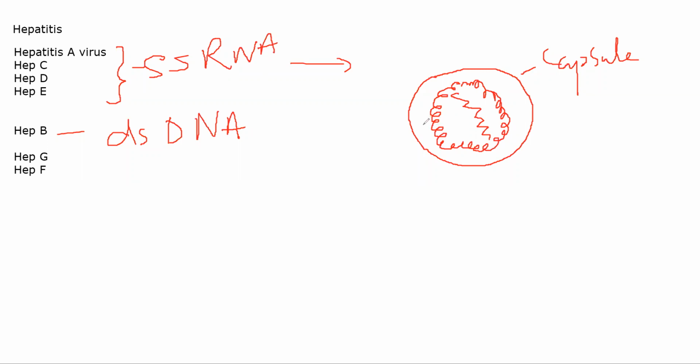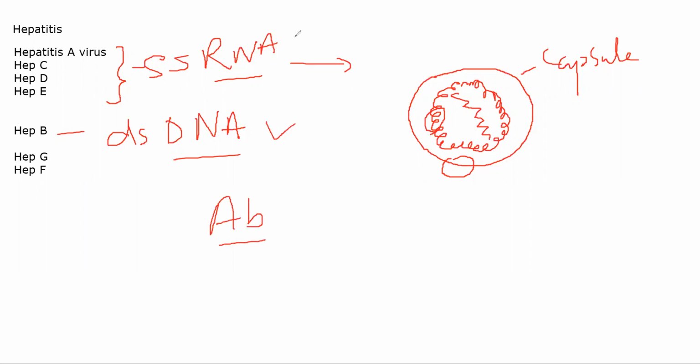The particles that you will see in serum will be these RNA and DNA particles. So whenever you perform a CBC or something like that, when you perform a serological test, you'll be able to see viral DNA or viral RNA. You'll be able to see capsular proteins, and core proteins. Sometimes you'll also see antibodies that are made for these antigens.